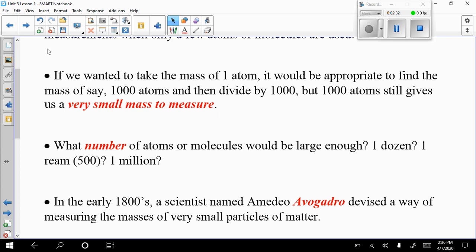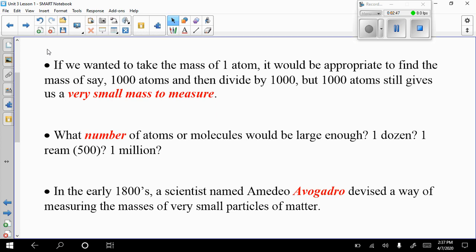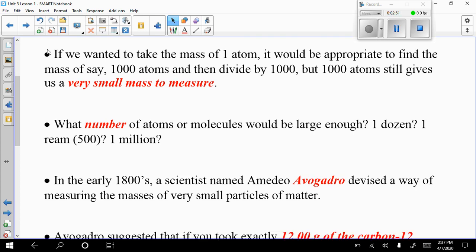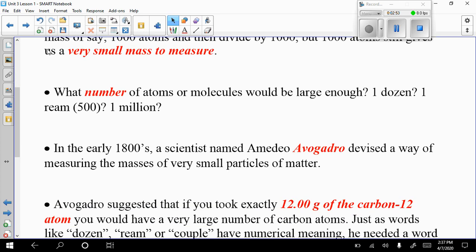So the question becomes, what number of atoms or molecules would be large enough so that if you were to take them and divide by that number, it becomes reasonable? Well, is a dozen, is a ream, is a million? It turns out that none of those are big enough. You need a much bigger number of atoms in order to even have a tiny amount of a substance.